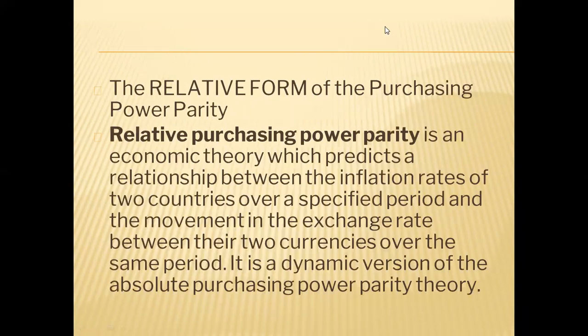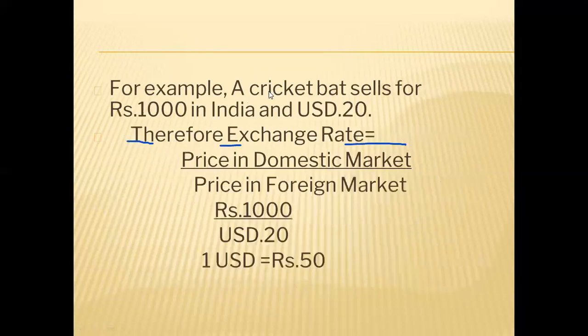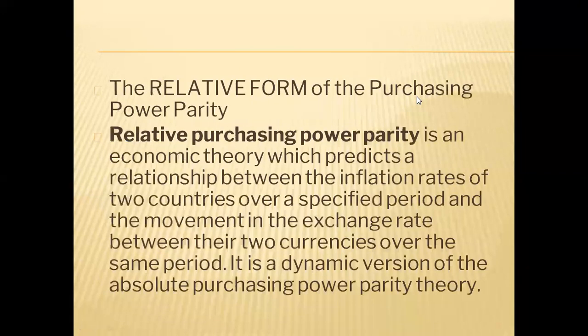For that, we can use the concept of the relative purchasing power parity theory. You understood the disadvantage, no? Because for one commodity we can compare, but we cannot compare for all the commodities and arrive at the exchange rate. So for that we can use the relative purchasing power parity.